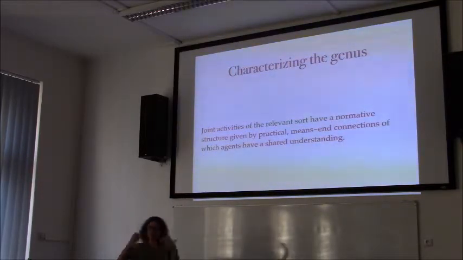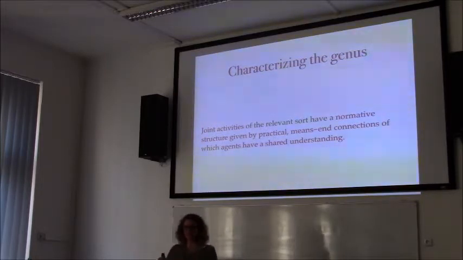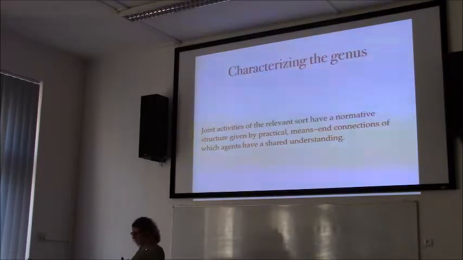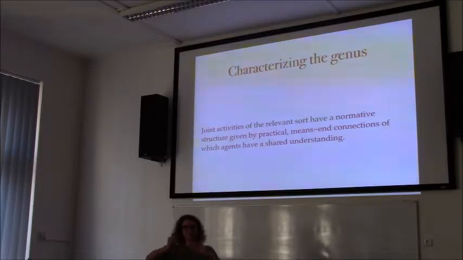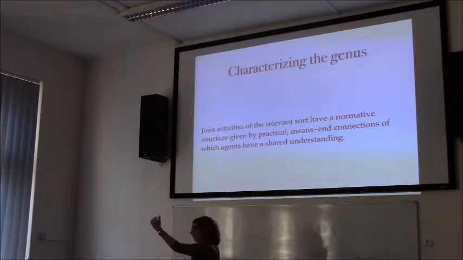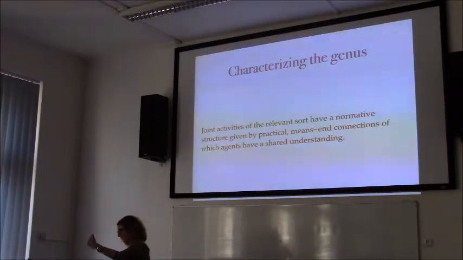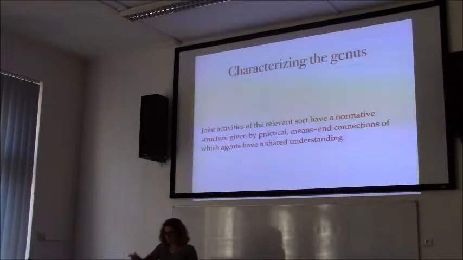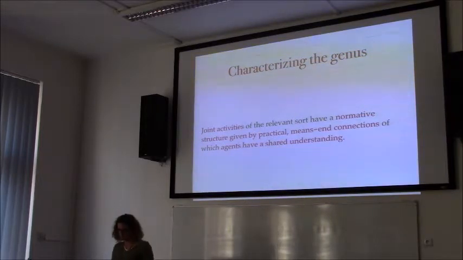Now, I want to give you more of how we characterize the genus. I want to say that joint activities of the relevant sort have a normative structure. A normative structure means that there are things that are specified as proper according to other things that are also specified. So the end of buying bread makes it appropriate to walk to the grocery.